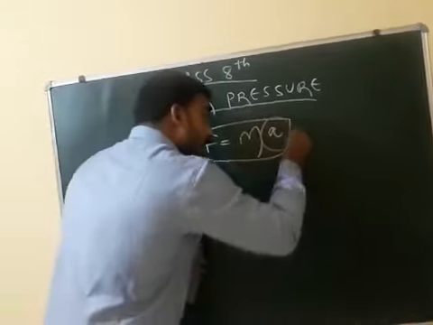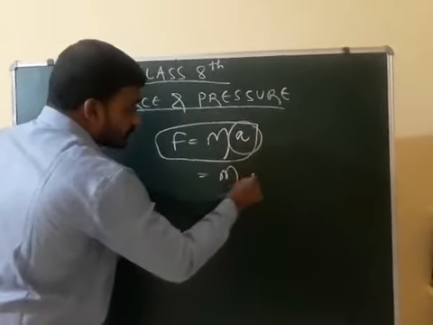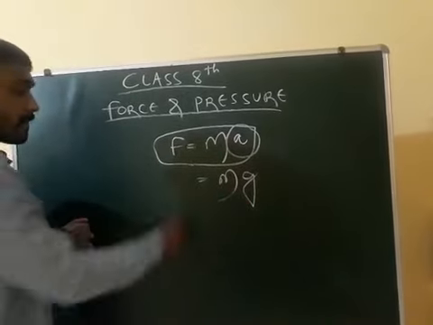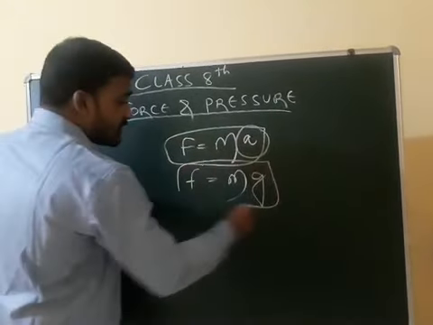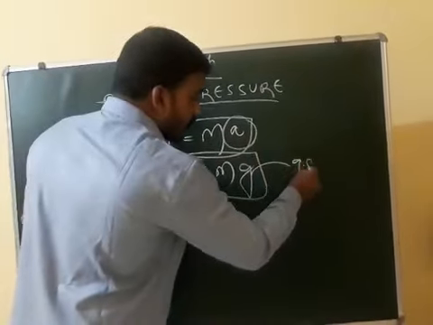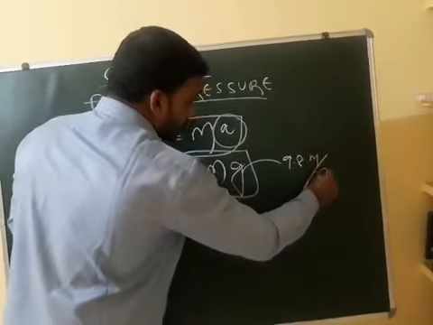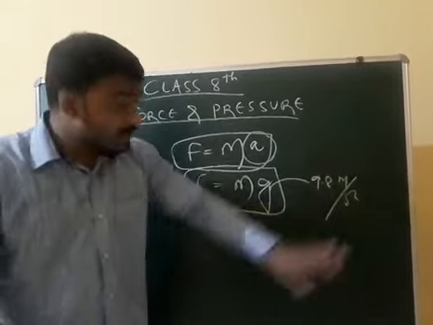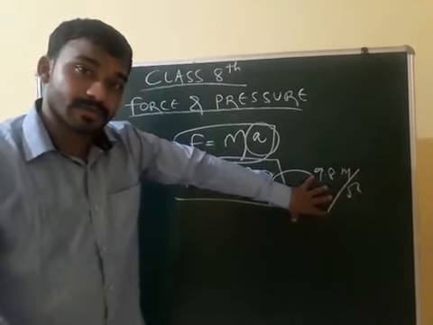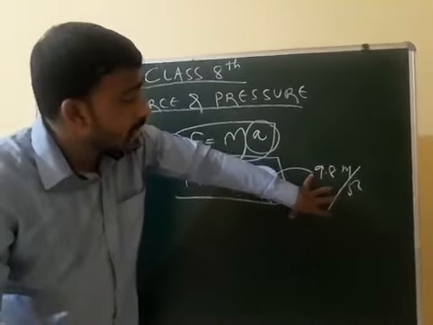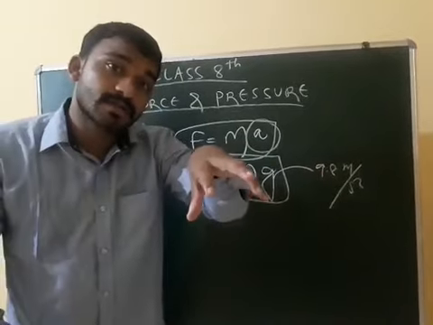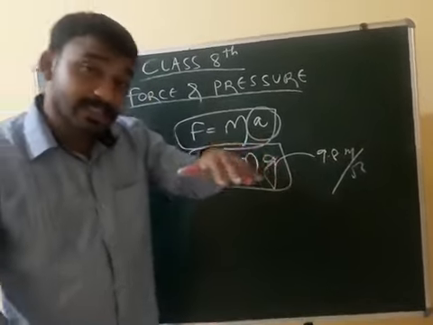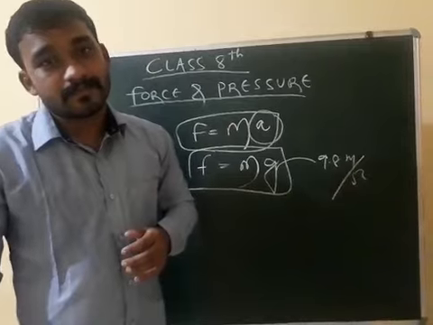In place of a, I can write force is equal to m into g, and this g value is 9.8 meter per second square. This is the constant value at the crust of the earth; it can change elsewhere. Understood?